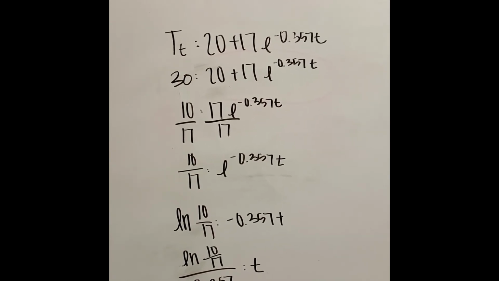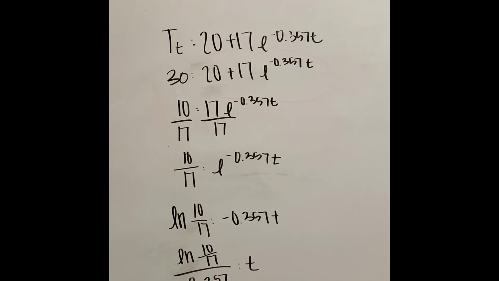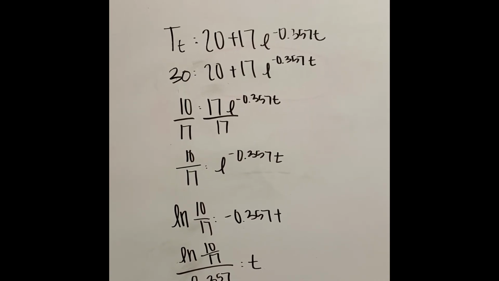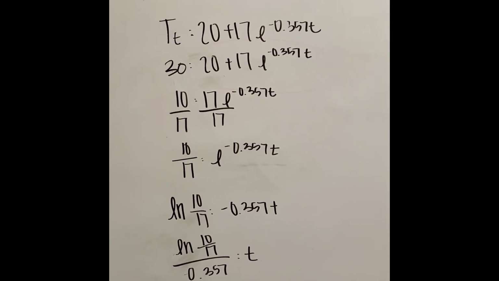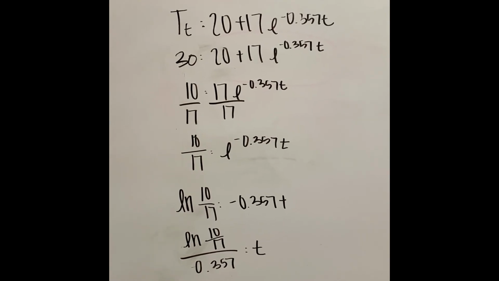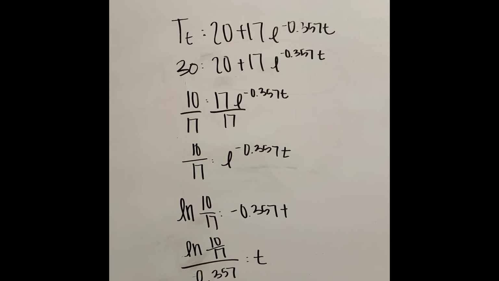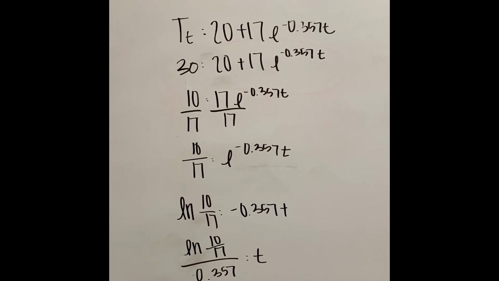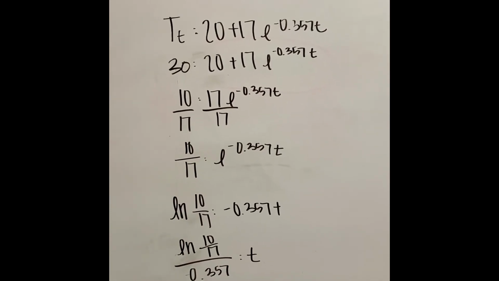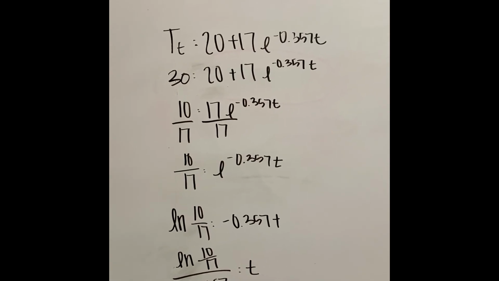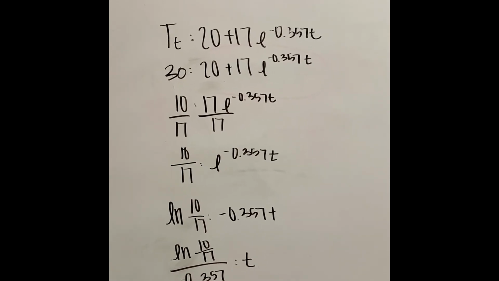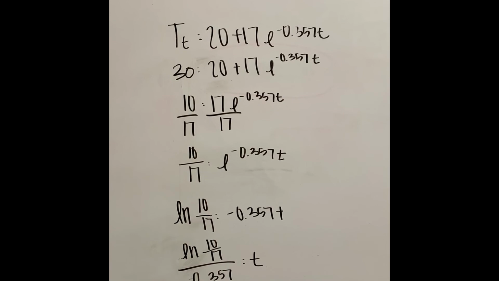We're going to take the natural log of both sides and then divide by negative 0.357. That gives us the natural log of 10 over 17 divided by negative 0.357, and that'll give us t, which is the time difference between when she was killed and when the body was found. So just plug those values into your calculator and you'll get the value for t.